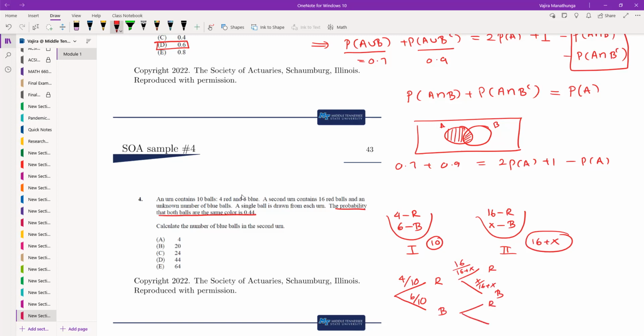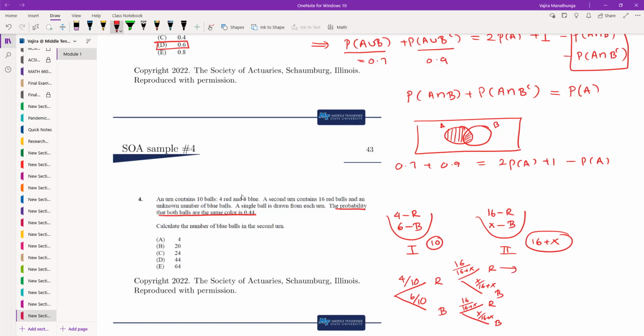Here, if you get the red, that's going to be 16 out of 16 plus X. Then the blue ball is X over 16 plus X. The same color means red, red or blue, blue.